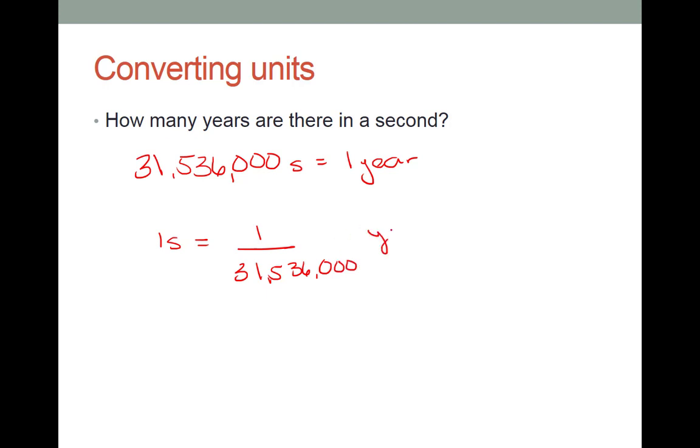So if I do that division, I get, in scientific notation, 3.17 times 10 to the minus 8 years. So there's 3.17 times 10 to the minus 8 years in 1 second.